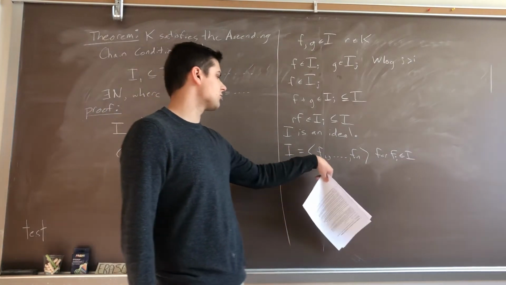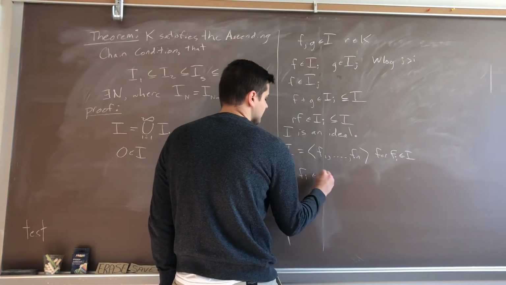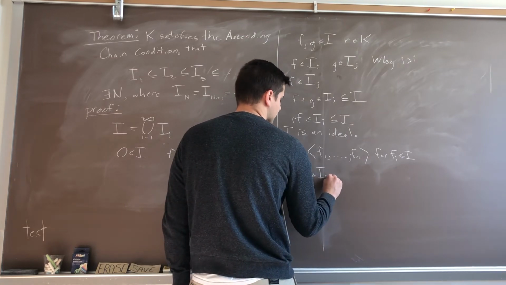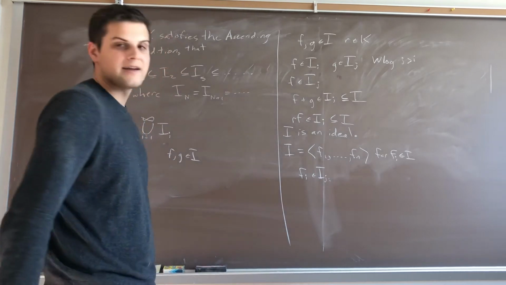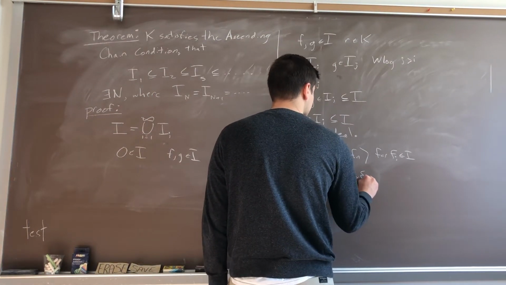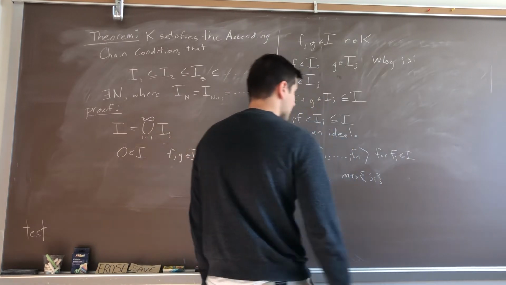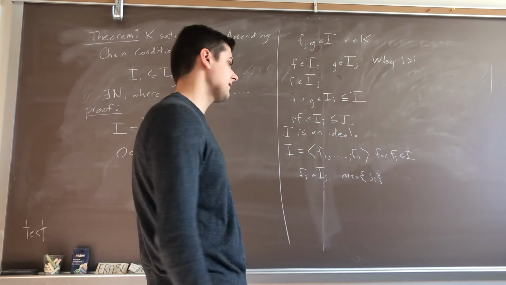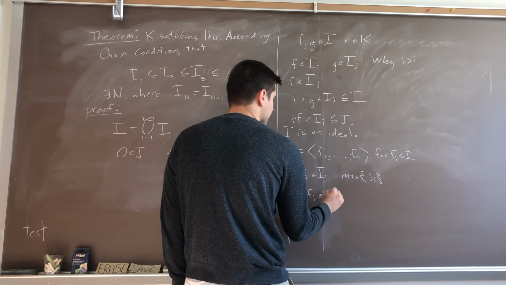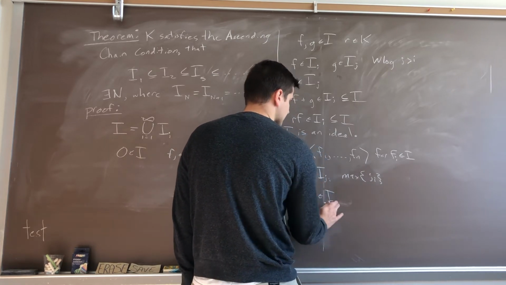If we list one ideal containing each of these, so we say f_i is in I sub j sub i, then we can take the max of the j sub i, that is the biggest ideal that we just listed here, and all of the f_i are going to be contained in I sub this max. So let's just call this n.